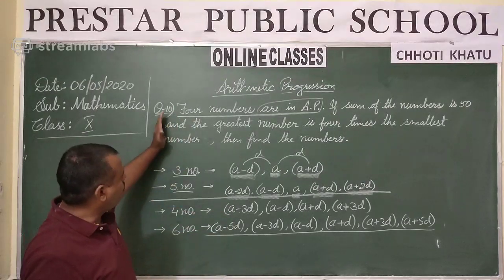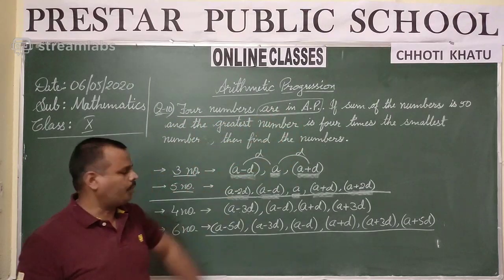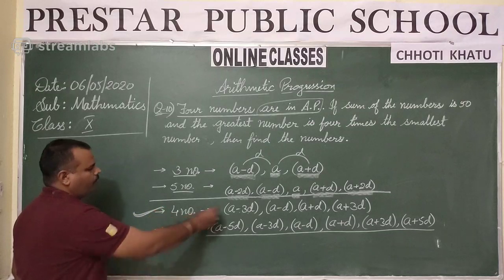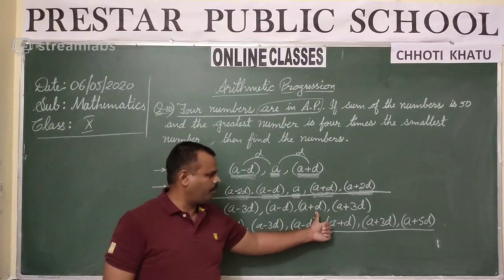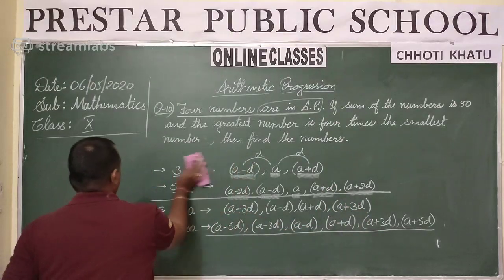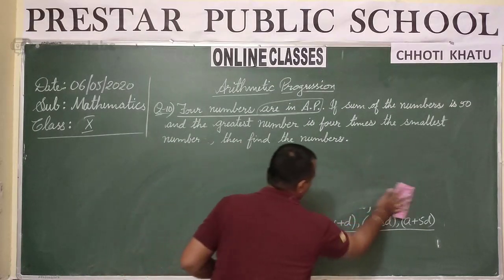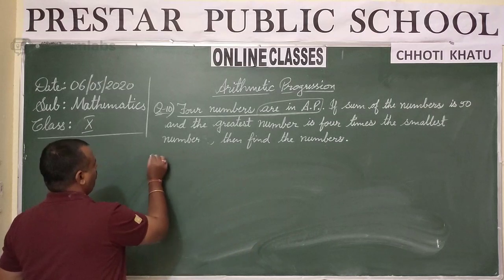Now, as per this question, you need four numbers which are in AP. So we are going to take A minus 3D, A minus D, A plus D, and A plus 3D. If we do that, just see how easily and quickly the solution will come. It would become easy for you.